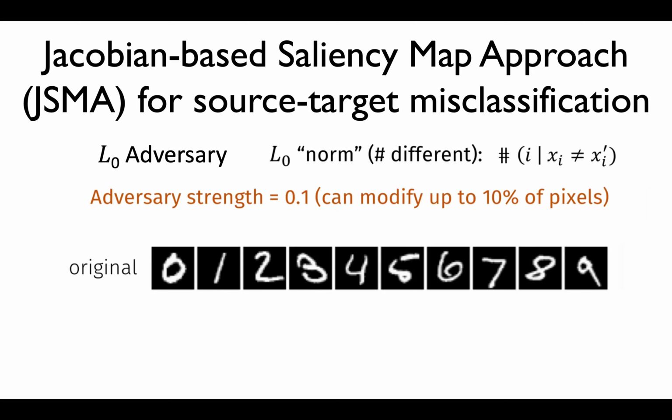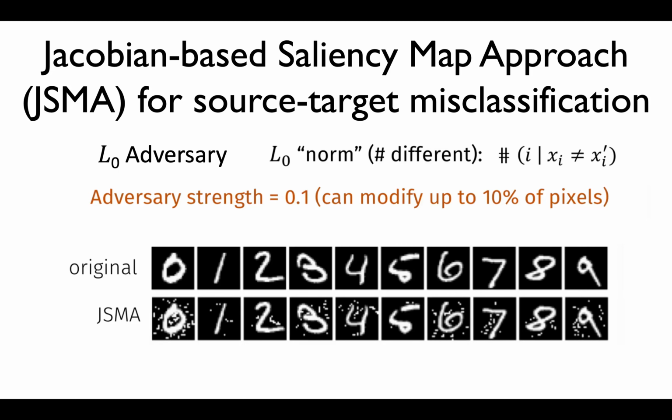The originals are shown. These are digits 0 to 9 from the MNIST database. And with JSMA, you can see that you can change the image.